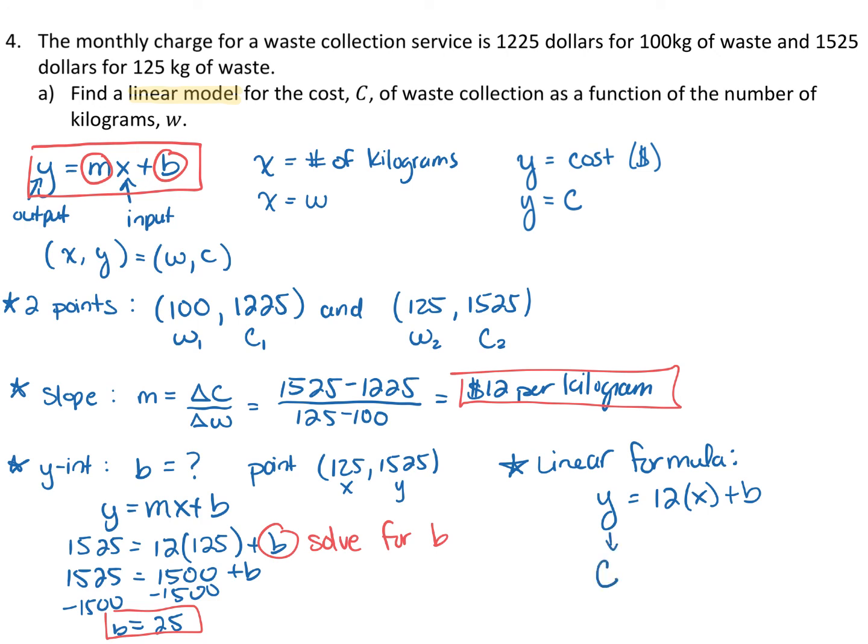So the actual equation is c equals 12, and then for x, we're calling it w, plus the y-intercept, which is 25, so plus 25. There we have it. That is the equation, or the linear model, for this problem.